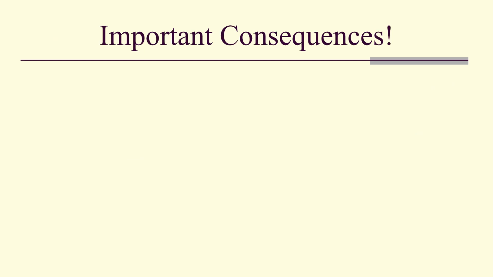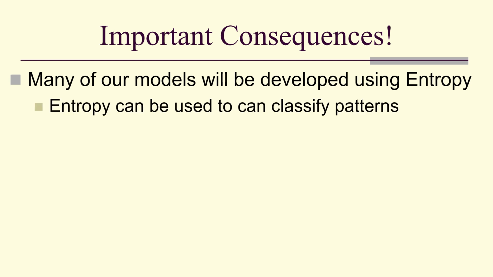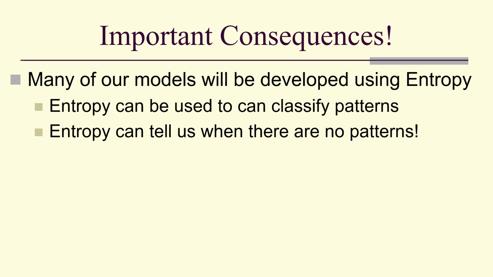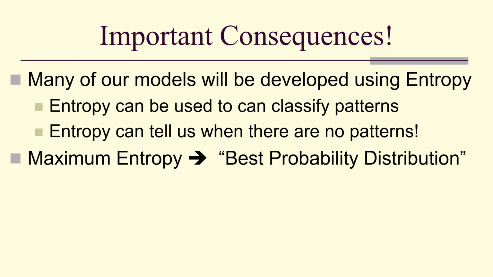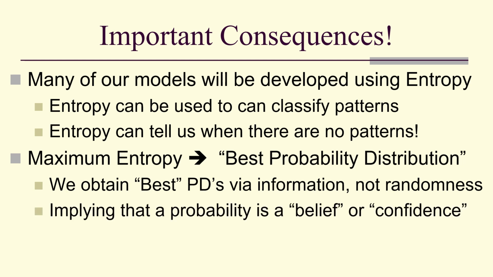This has important consequences. Many of our models will be developed using entropy. Entropy can be used to classify patterns. It can even tell us when there are no patterns. Maximum entropy is going to give us our best probability distribution. And we'll obtain best probability distributions via information, not randomness, implying that a probability is probably better thought of as a Bayesian belief or confidence.